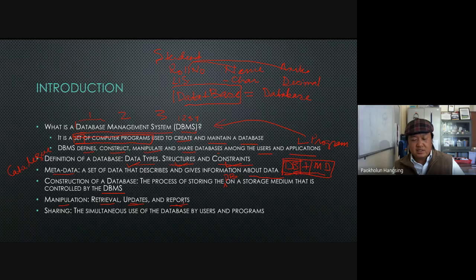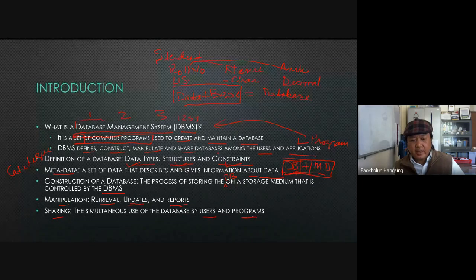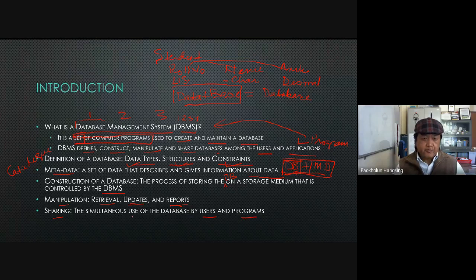That is a report. I want to take a printout of how many books have been borrowed and returned. Those things are reports. Then also sharing, the simultaneous use of the database by users and programs. When users and programs can simultaneously use a database system, that is called sharing.